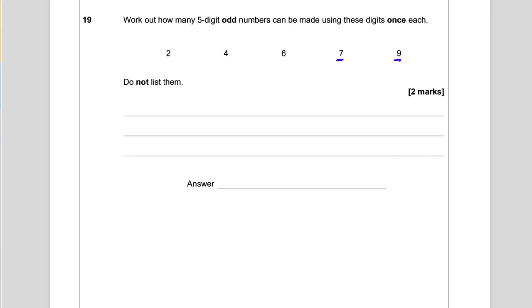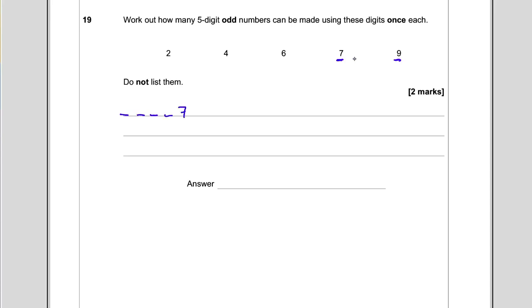So the way I'm going to tackle this is if I just imagined it ended in 7, so blank, blank, blank, blank, 7. The number of combinations here would be 4 times 3 times 2, which would be 24.